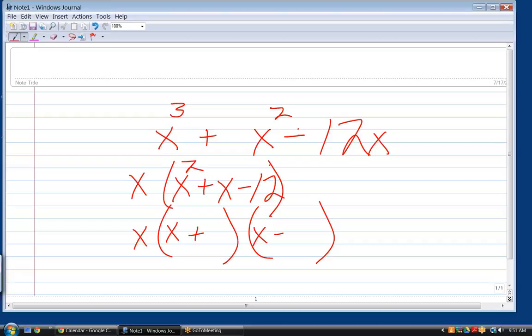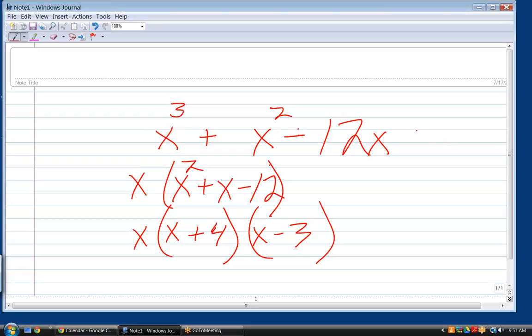What are those two numbers? 3 and 4. And where's the 4 go? The bigger number? With the plus. With the plus, the sign of the middle term. So the 4 goes there, the 3 goes there, and again we're done.